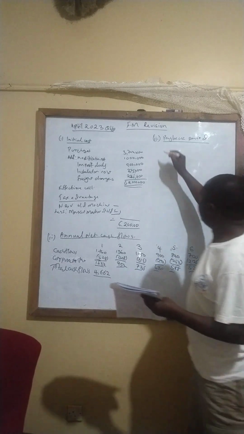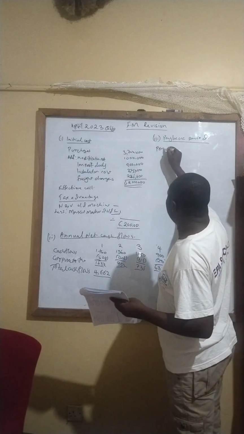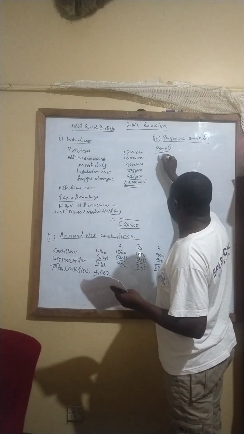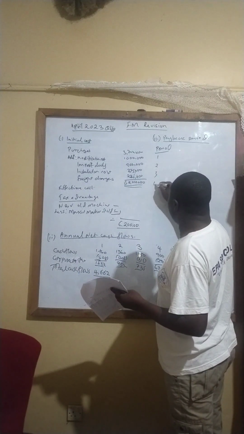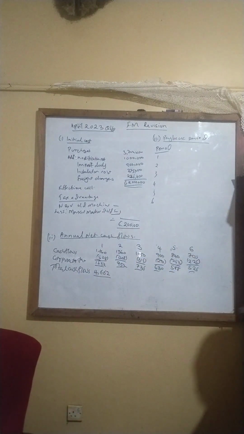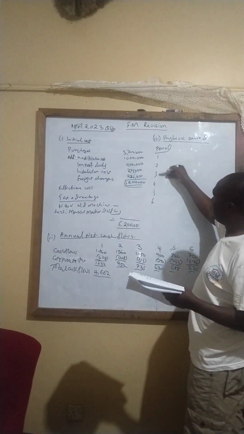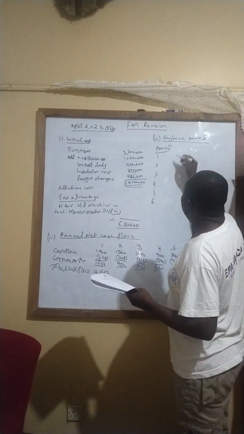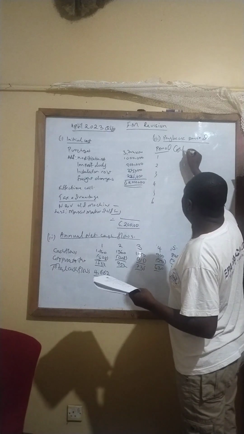So therefore, we now put like this, period here. Period 1, 2, 3, 4, 5, 6. So payback period, we normally say it uses the cash flows. Then you say cash flows.